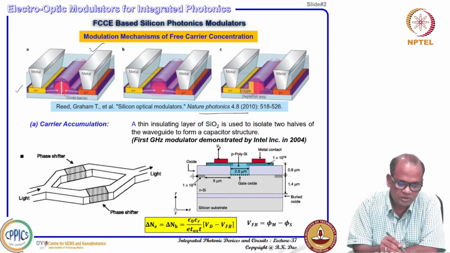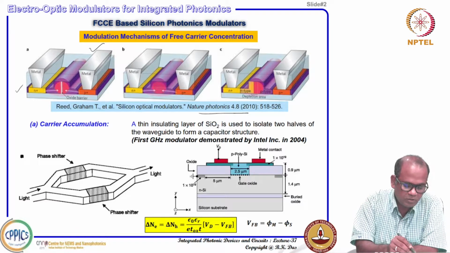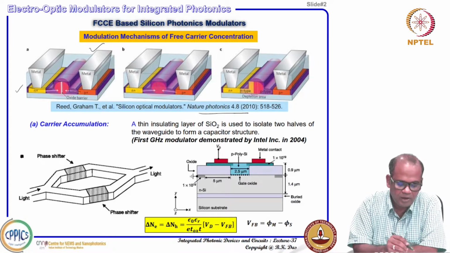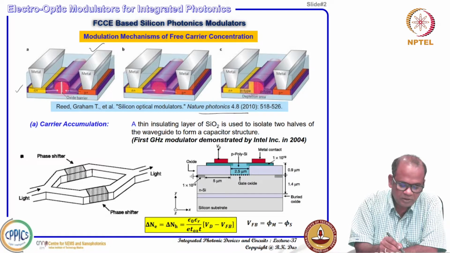If you look carefully, this is a rib waveguide structure shown here, and in the slab region this side is p-type doping.